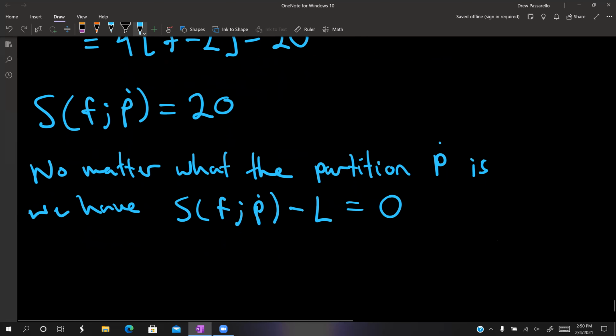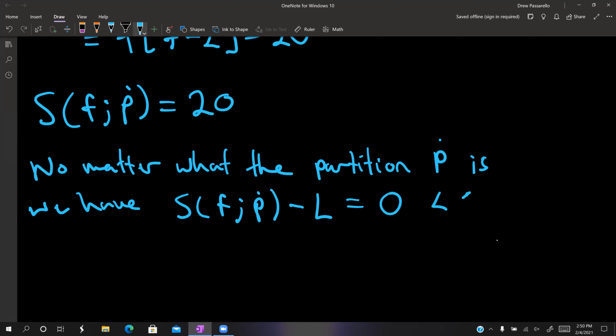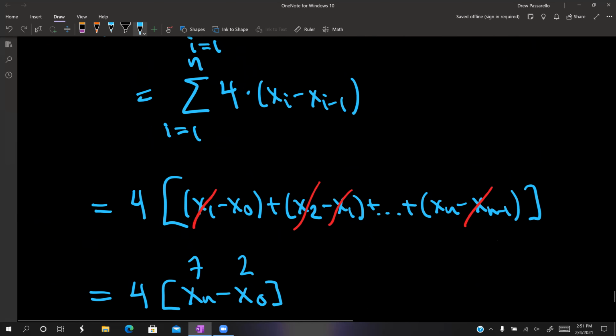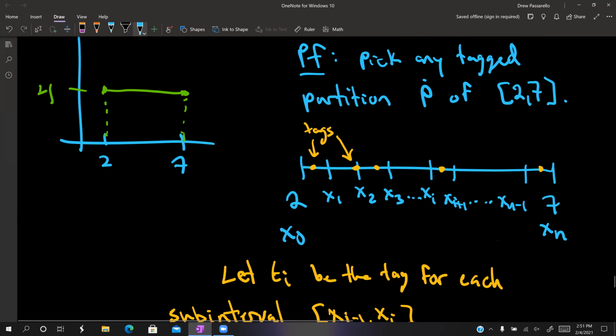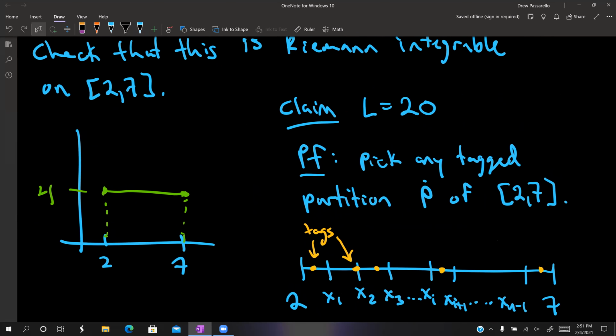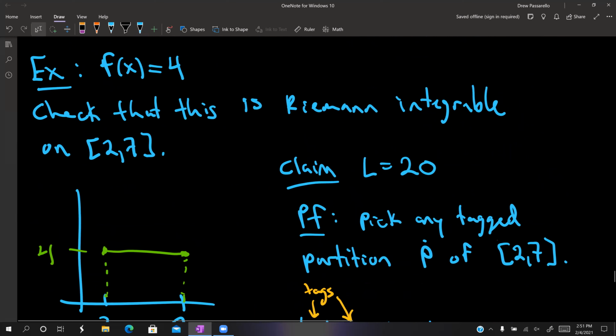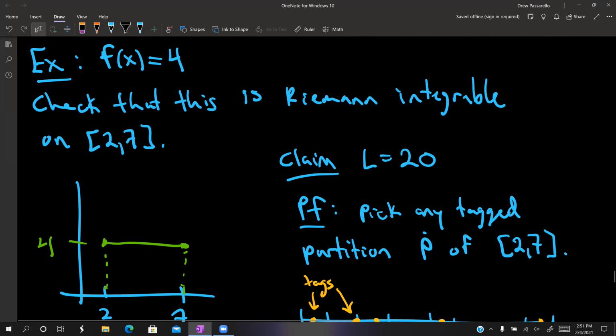So that's going to be less than epsilon, because our choice for L was 20. All right, so that's just a simple example of a constant function on some interval 2 to 7. And so we got that to be Riemann integrable with our integral L being 20.